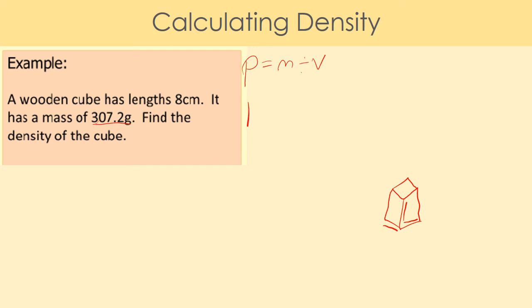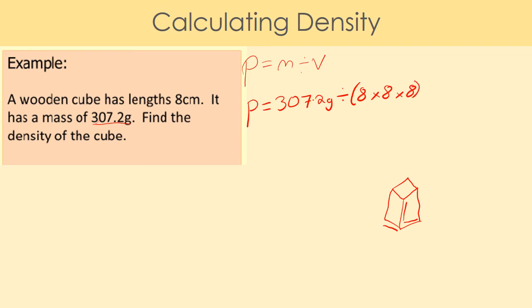So that will give me my density will equal my mass, which was 307.2 grams, divided by my volume, which is going to be 8 times 8 times 8. And I'm going to use a calculator for this. I can't do this in my head.